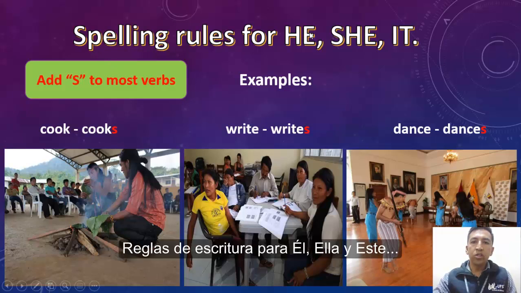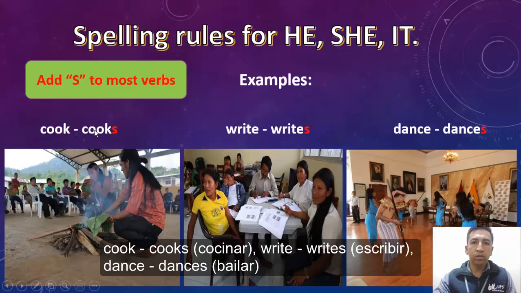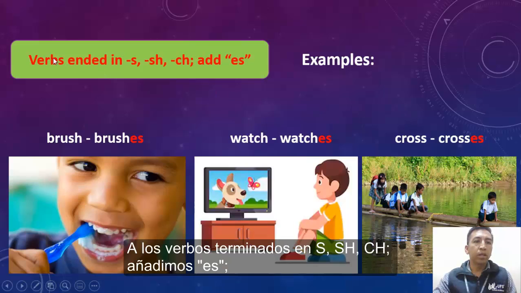Spelling rules for he, she, and it. Generally, we add s to most verbs. Here we have some examples: cook, cooks; write, writes; dance, dances. For verbs ending in s, sh, ch, we add es.